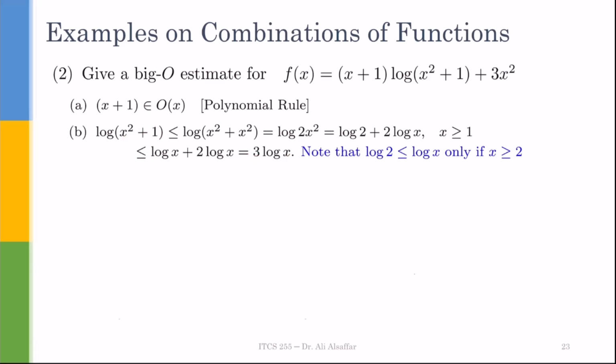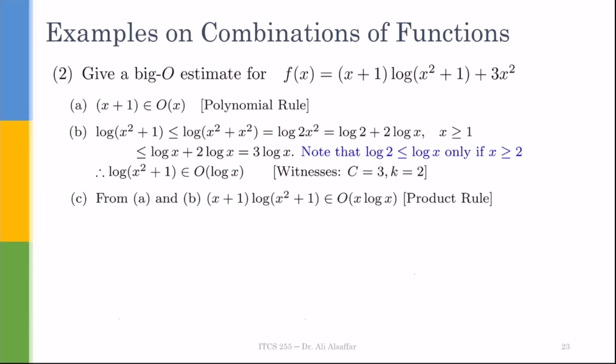So c is 3, log x is the g of x for the basic definition, and k will be equal to 2. And from here we can conclude that log of x squared plus 1 belongs to big O of log of x. Actually, log of any polynomial of any power is always order of log of x, and you can prove this by using limits as well. So the witness is c is 3 and k is equal to 2.